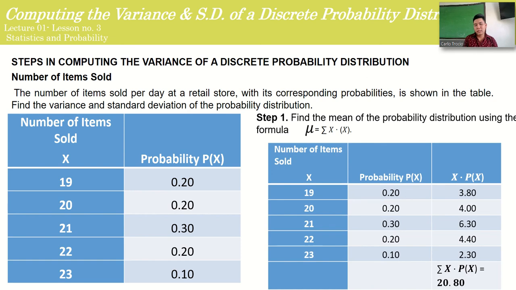So the mean, the same process that we did in our first example, we just multiplied the random variable x and then the probability, and then have it in the third column, and then add all the products, and then you will have 20.80, somewhere between 21 and 20. So that is now the mean.